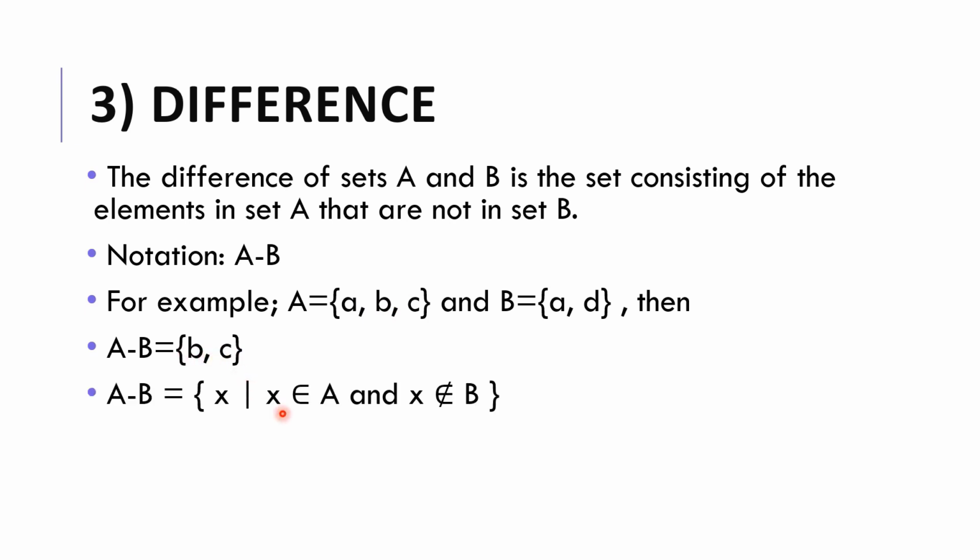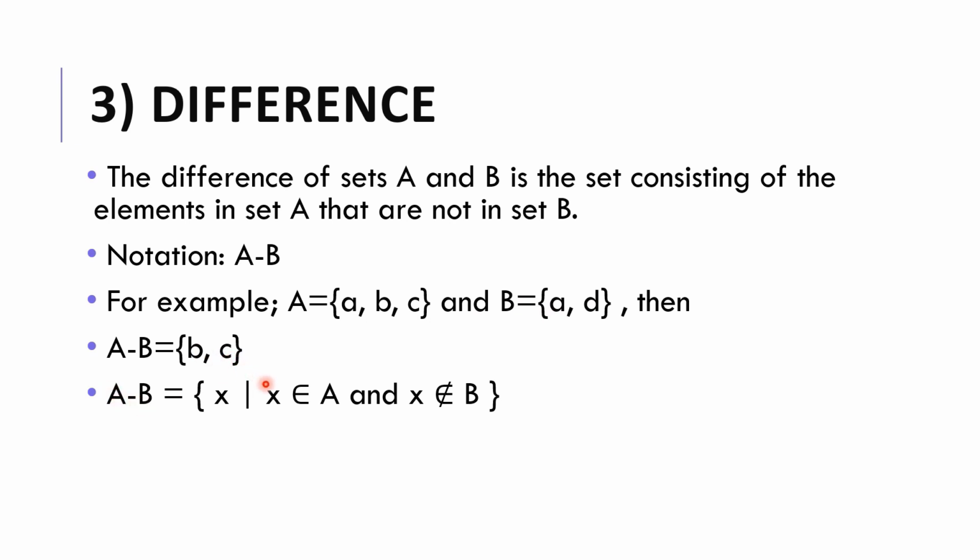Now in A minus B, x represents the elements such that x is an element of A and x is not an element of B. Take this example: b, c are elements of set A and x does not belong to set B. These b, c are not elements of set B. B contains a, d and A minus B is b, c.